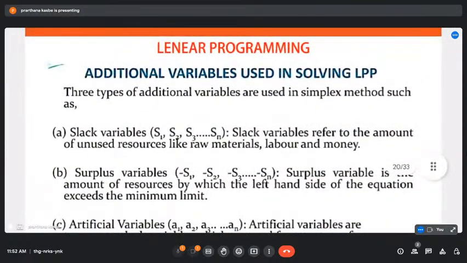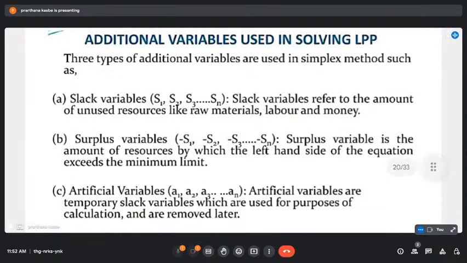So, additional variables used in solving an LPP, a linear programming problem. Three types of additional variables are used in the simplex method. Slack variables, that is S1, S2, S3 up to Sn.